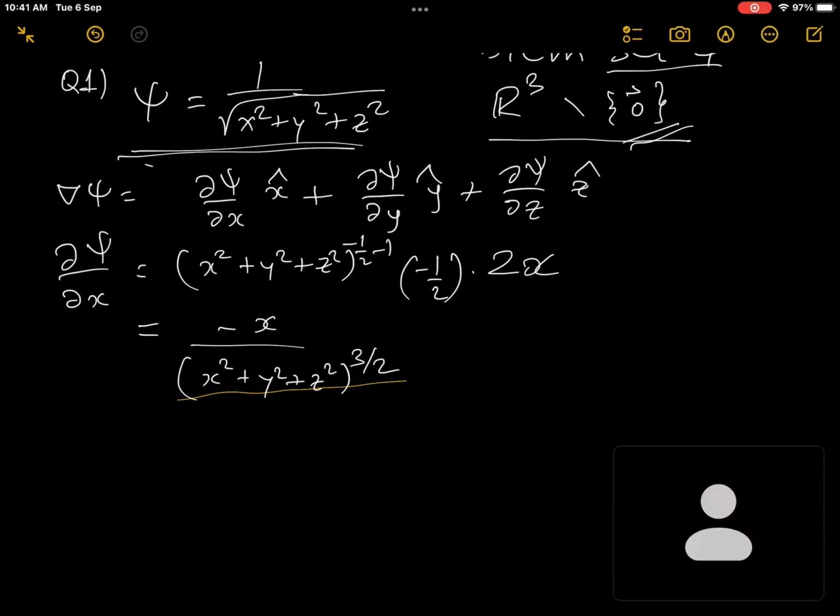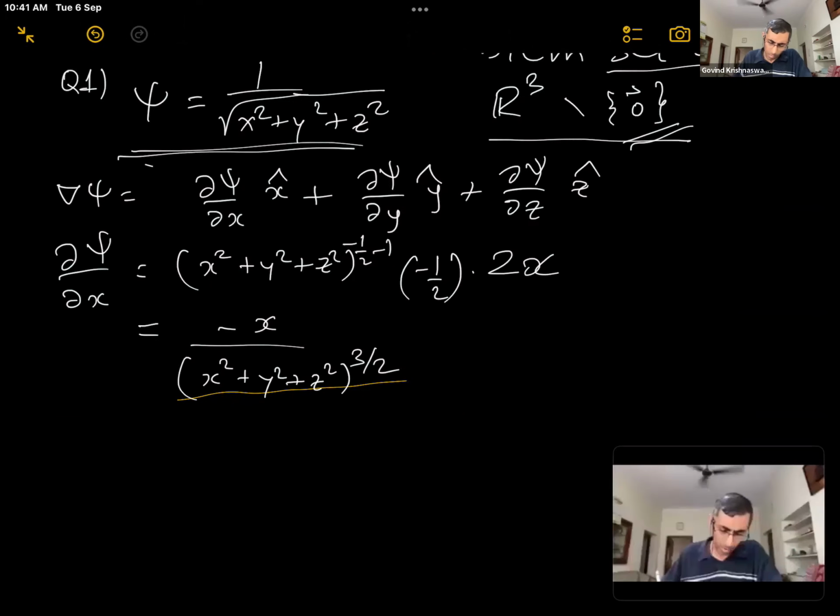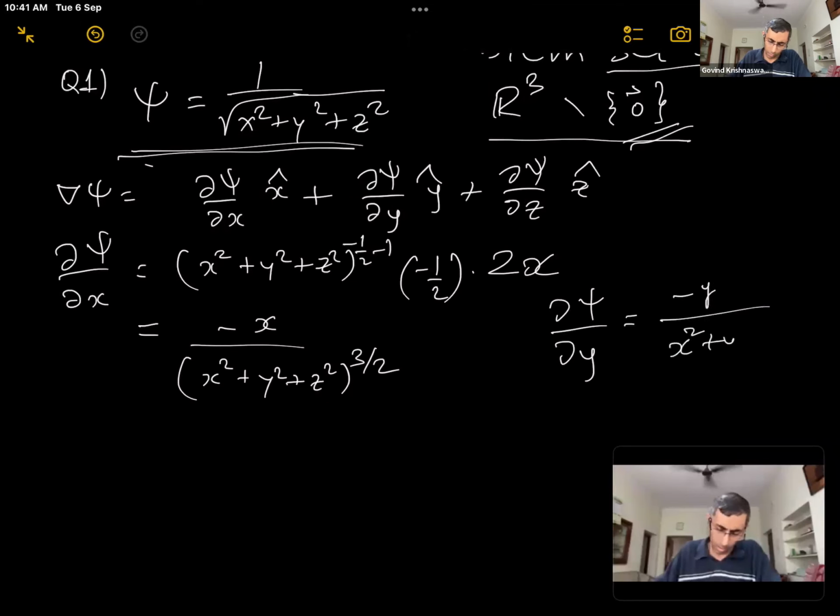Okay, so then we simply combine these. This is the answer for x, and then partial psi partial y would be gotten by replacing the x in the numerator by y. So that is essentially the same formula.